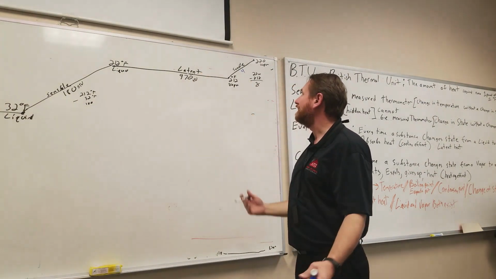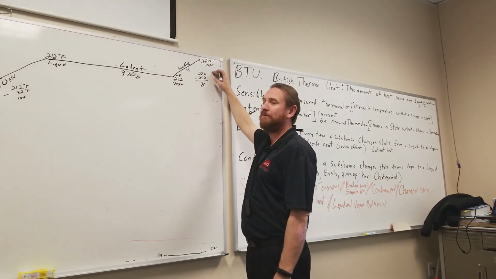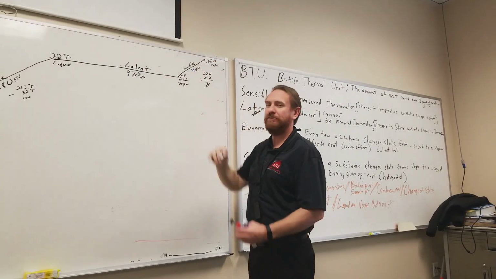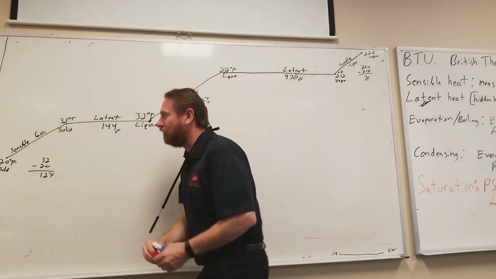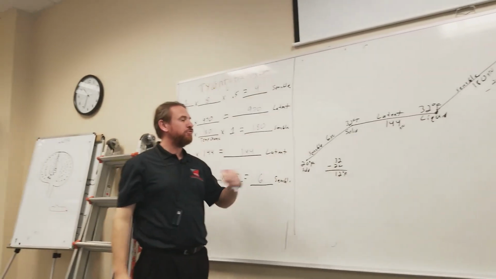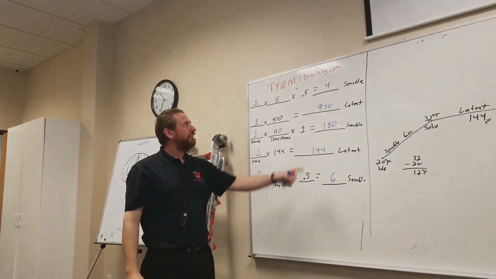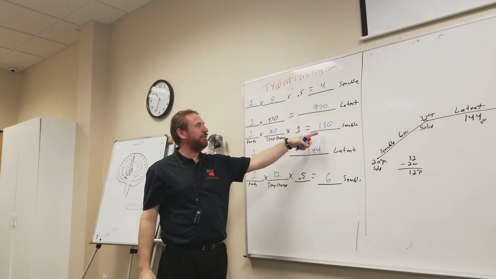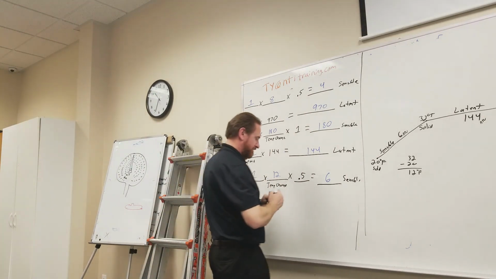Now that it's all vapor, I can still change the temperature. So we're going to take it from 212 vapor to 220 vapor. It's all measurable, all sensible. So it's 4 BTUs. So total, how many BTUs would it take to raise the temperature from 20 degrees solid to 220 degrees vapor? It's going to take 6 plus 144 plus 180 plus 970 plus 4. 1304.